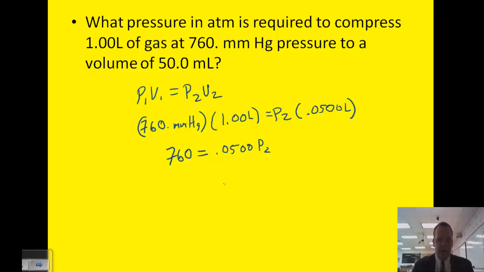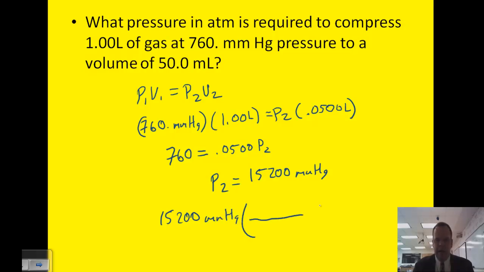We're going to have to increase the pressure a pretty dramatic amount, which is 15,200 millimeters of mercury. Now we want the answer in atmospheres, so I have to convert this to atmospheres. The other thing I could have done is convert the original number to atmospheres, but it doesn't matter whether you do it before the problem or after solving the problem.